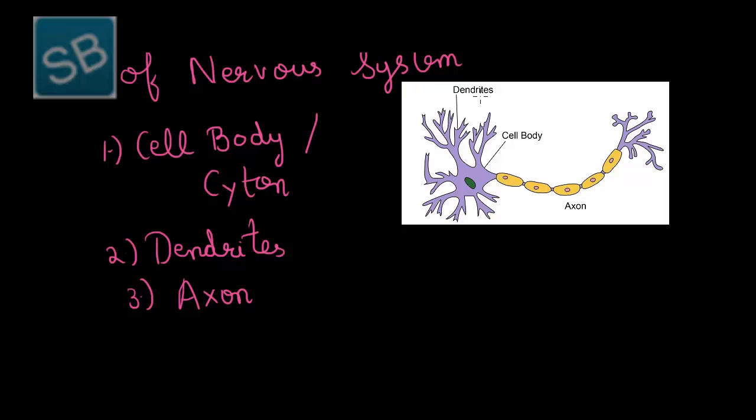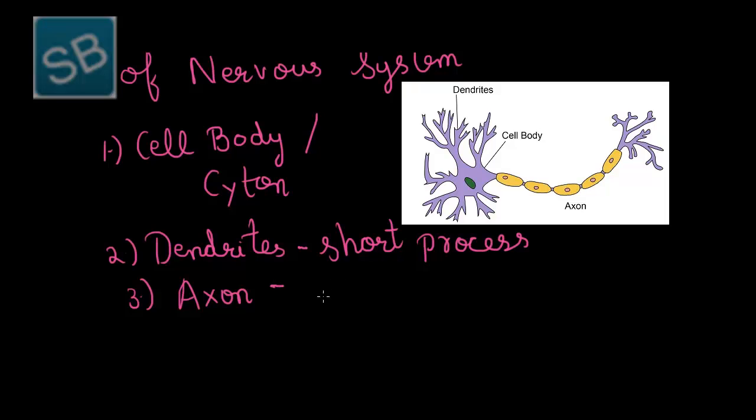Second come dendrites. Dendrites help in the transmission of nerve impulses via the cell body towards the axon. These dendrites, as can be seen from the figure, are branched in structure and are considered short processes. The third part is the axon.